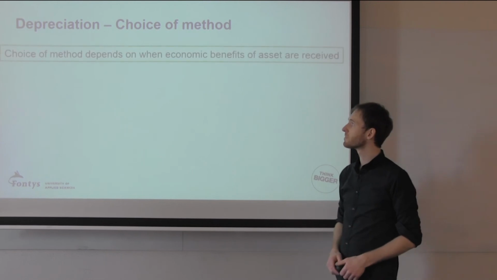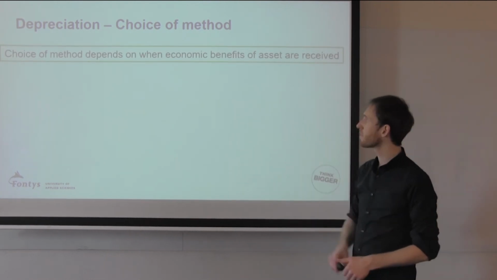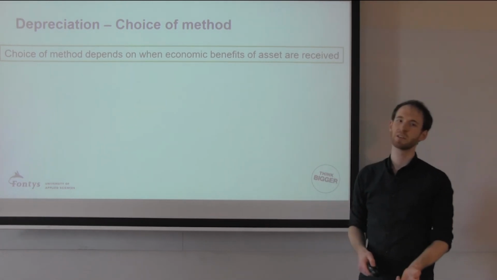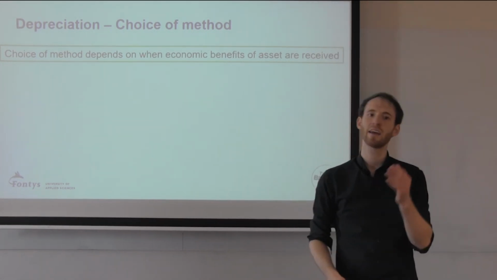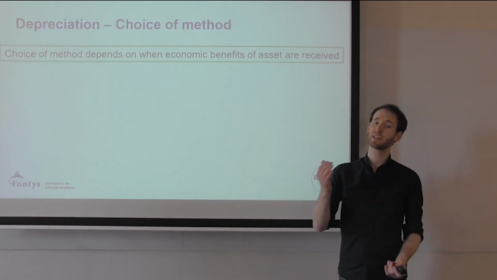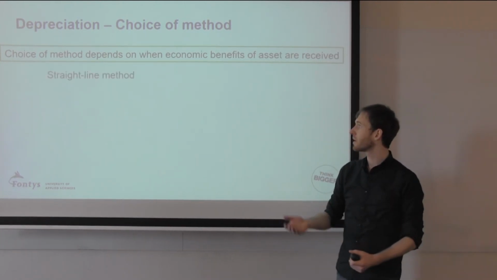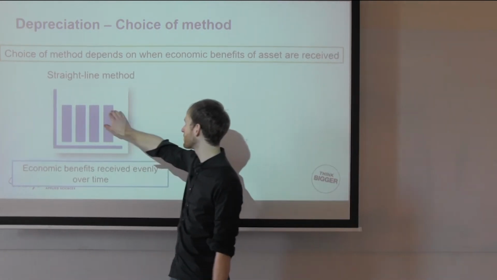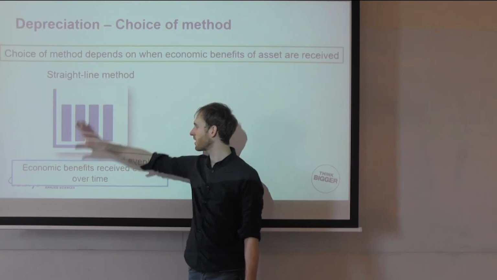So how do we choose? The choice of method depends on when the economic benefits of the asset are received. So if you buy an asset and every year this asset brings us the same amount of revenue, so the benefits are the same, we take the straight line method.